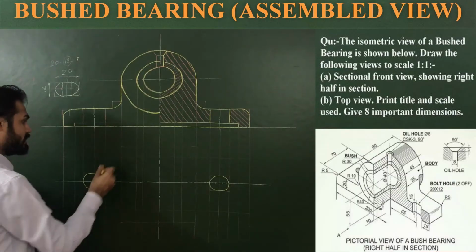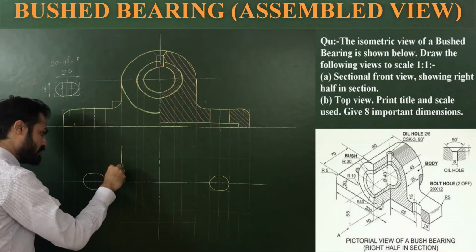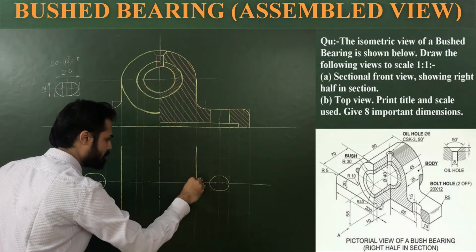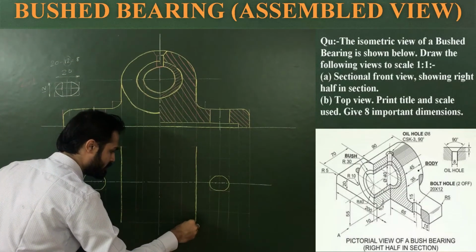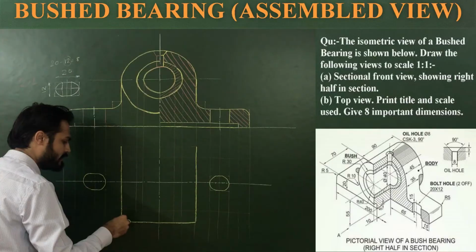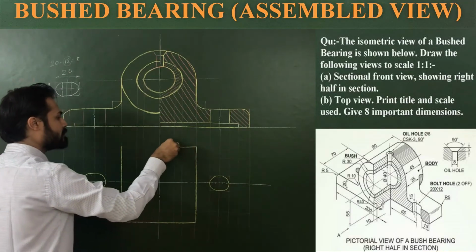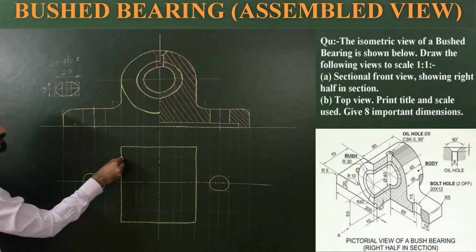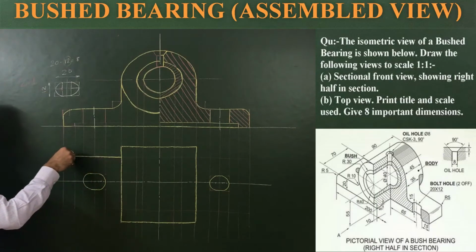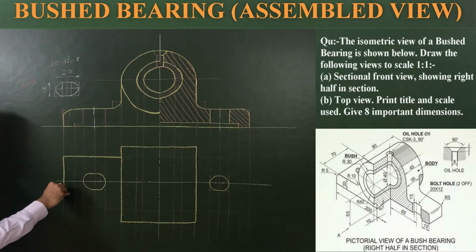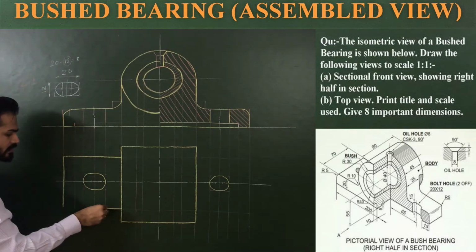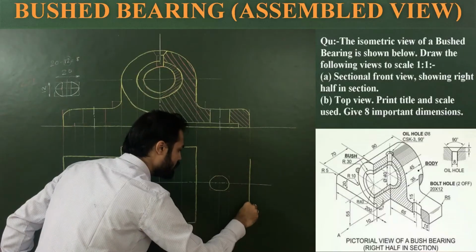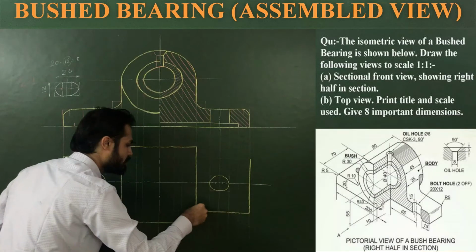So for the upper part, use a dark pencil directly. For the construction of the upper part, we can directly use a dark pencil, right? And for the remaining part of the base, again a dark pencil can be used.